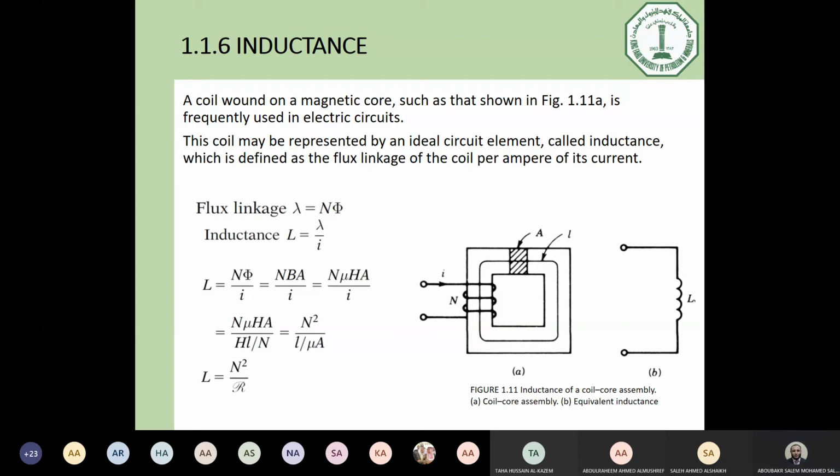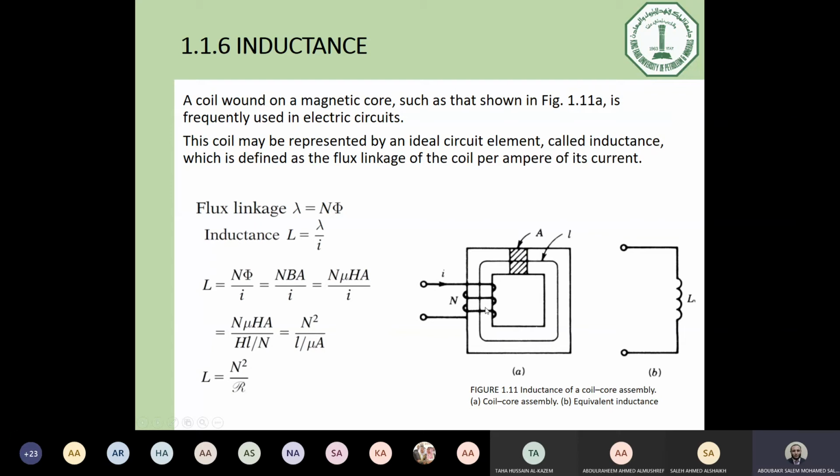So how can we create an inductance? Inductance is nothing but a coil, which is wires with a certain cross-section area and manufactured in a certain way, and it has insulation on the top of it, okay, and it's wound around a core.